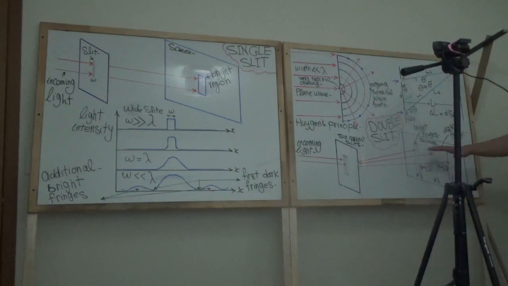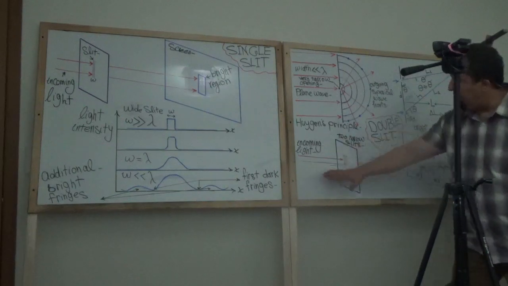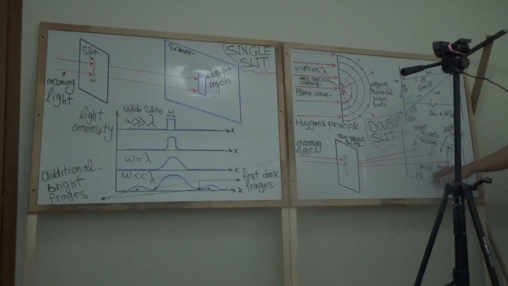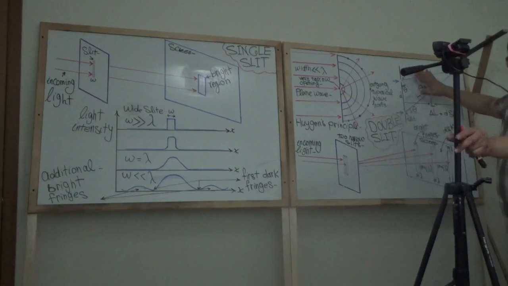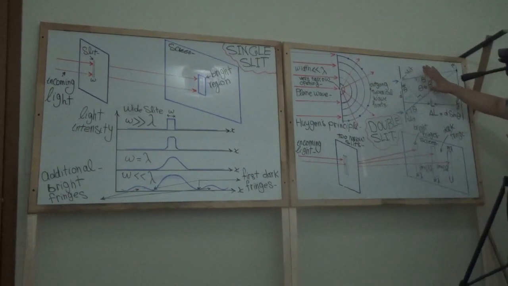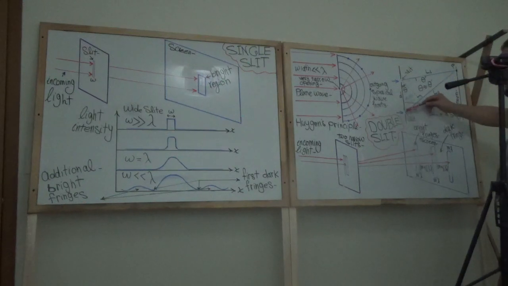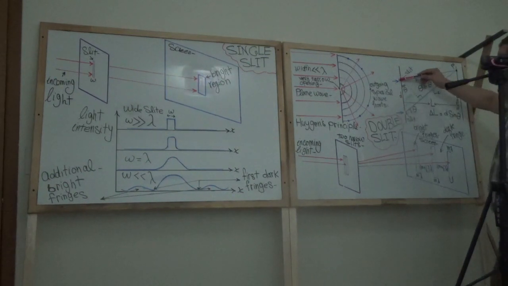Since we understand what will happen in the double slit experiment, it's a good idea now to go to the geometry. Geometry is another important thing to understand the double slit experiment. So I have the double slit. This is slit number one, slit number two.